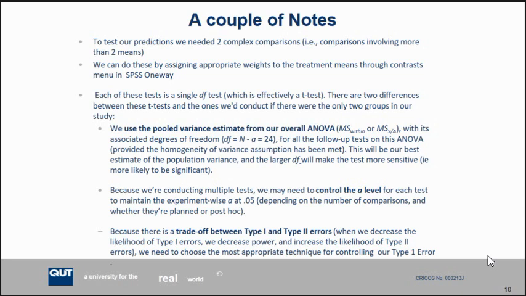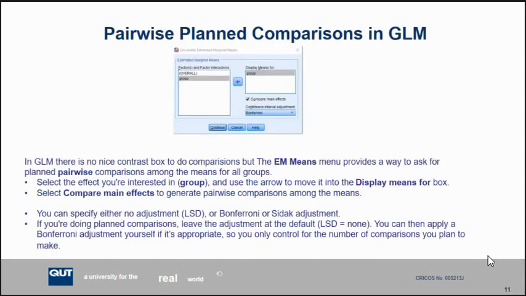The more we control our type 1 error, the greater our type 2 error is, and therefore the lower our power, the less likely we are of picking up an effect if it's there. So just remember that trade-off, and always tell your reader, when you're reporting, what adjustment you have made for those comparisons.